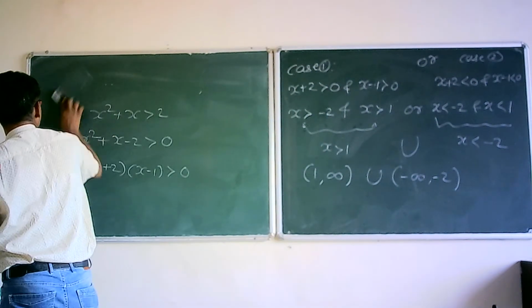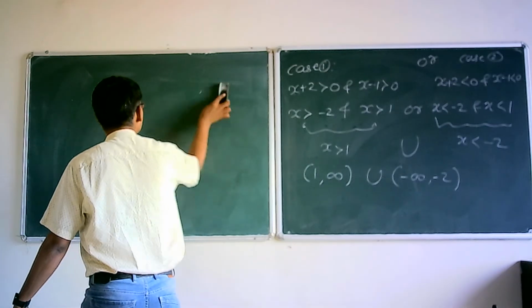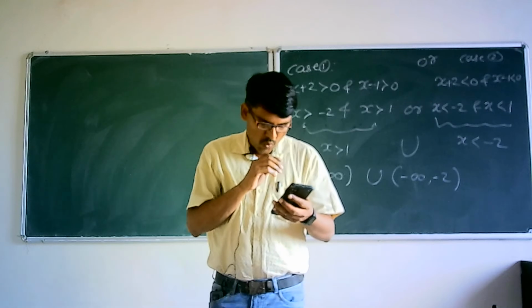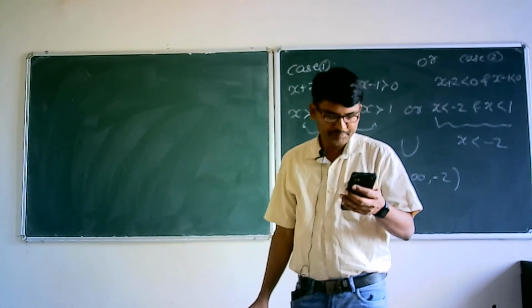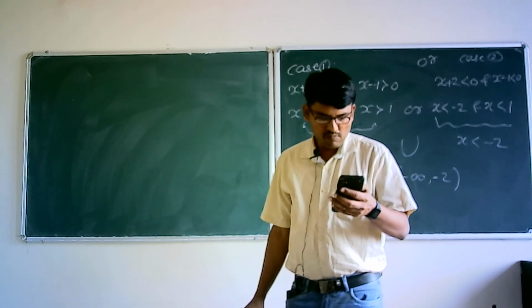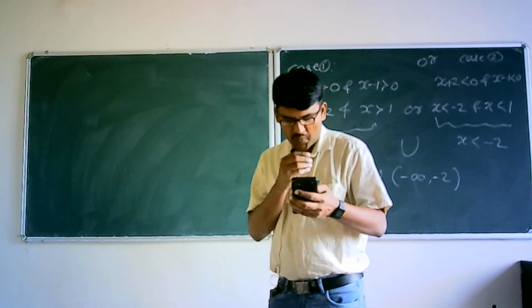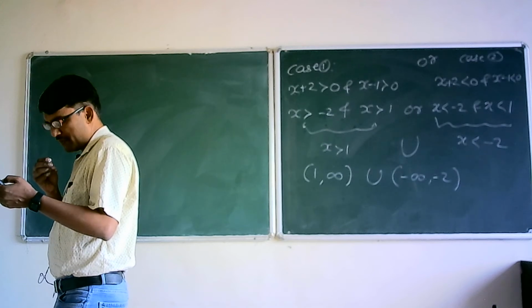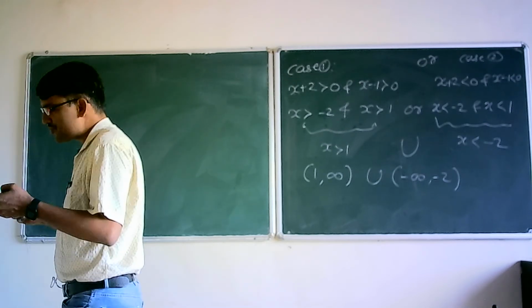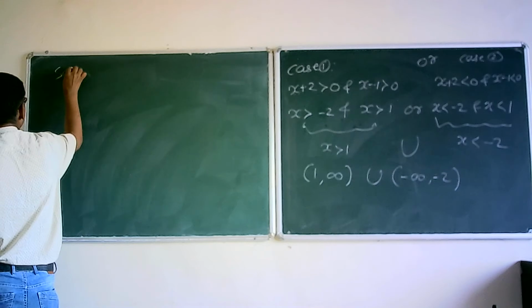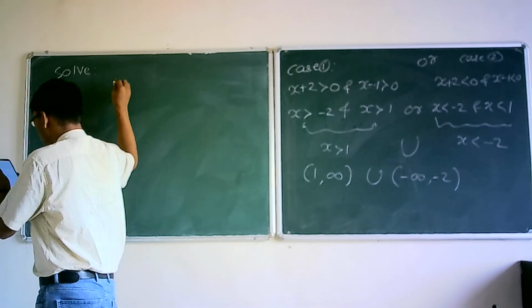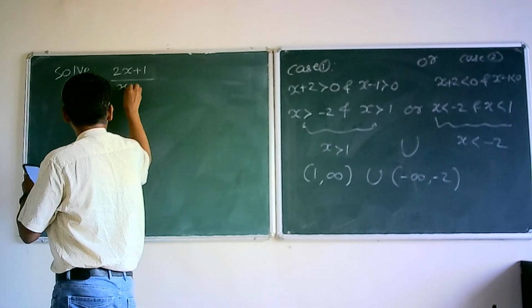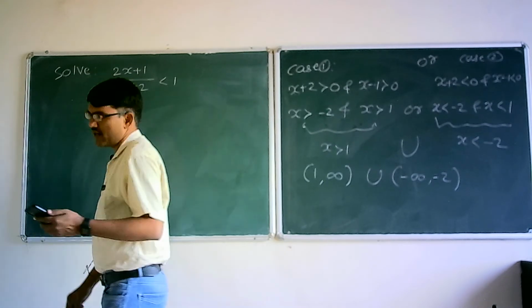Now next. Solve (2x + 1) divided by (x + 2) which is less than 1.